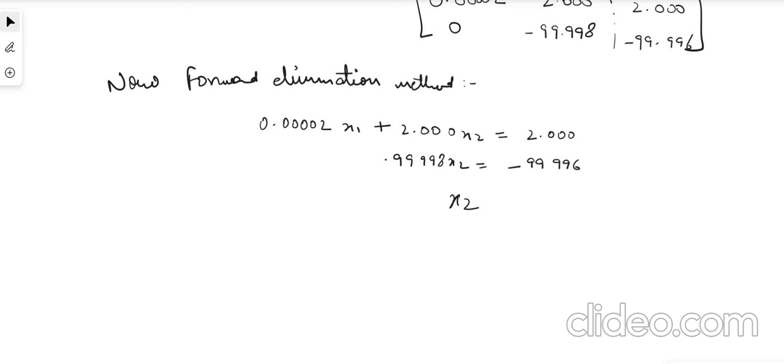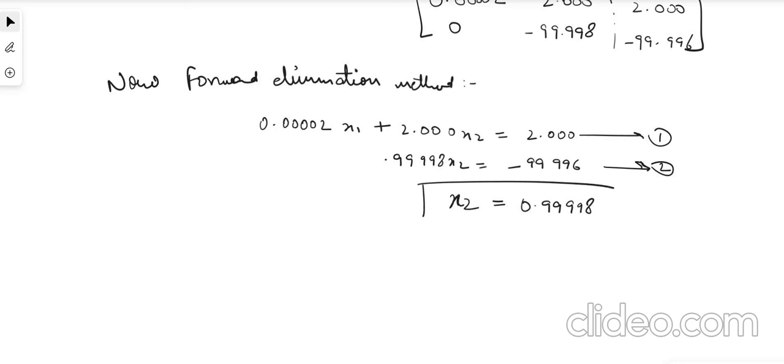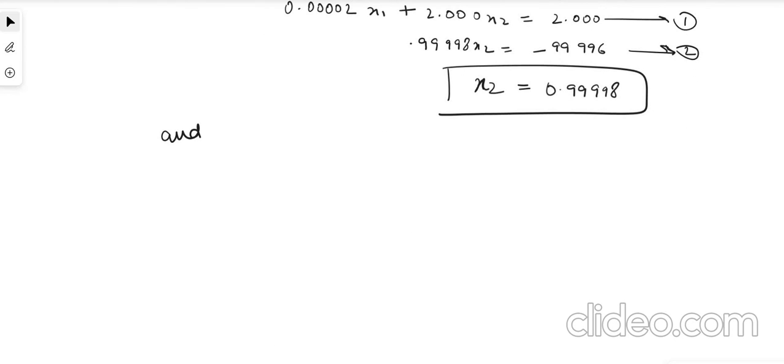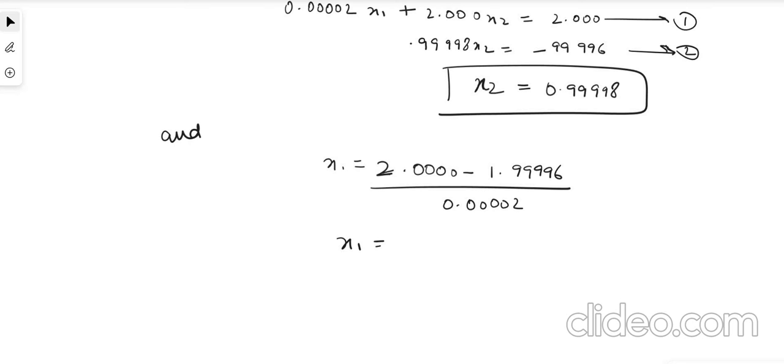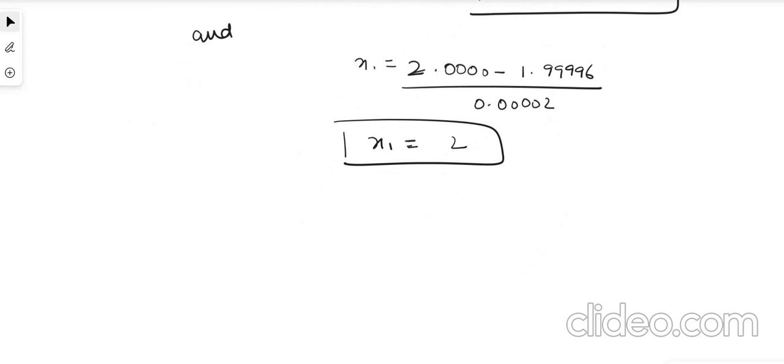The value of x2 we get from solving this second equation is 0.99998. Putting the value of x2 in the first equation, we get the value of x1 as 2.000 minus 1.99996 upon 0.00002. The value of x1 will be 2. These are the values of x1 and x2 in case 3.